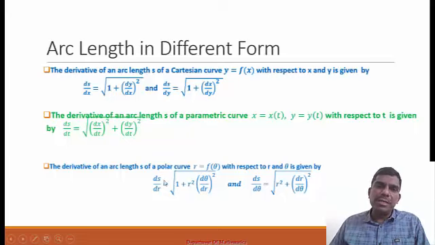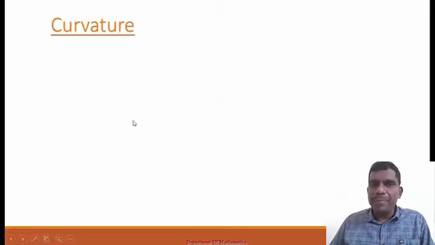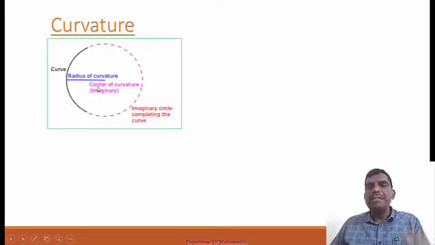Based on this arc length, we introduce one more concept called curvature. The curvature here is about a part of some curve, and for that we are going to define the radius of curvature.